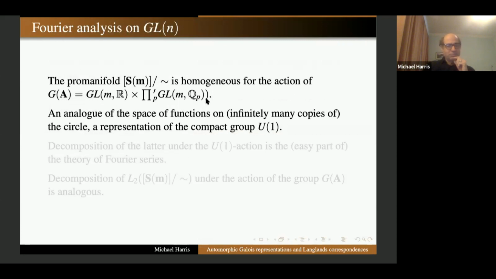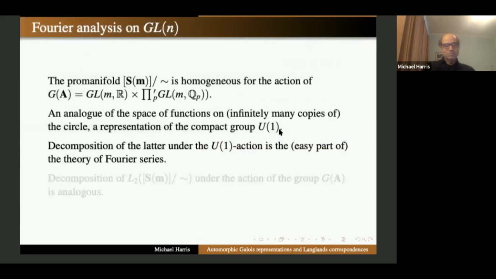There's infinitely many copies of something which is a representation of the compact group, the circle, U1. The decomposition of functions on the circle under the action of the circle group is the easy part of the theory of Fourier series.